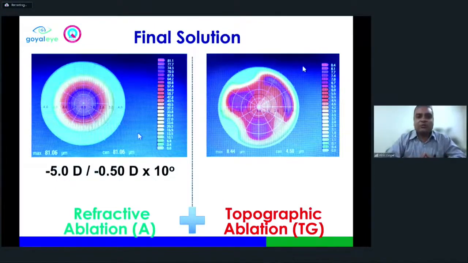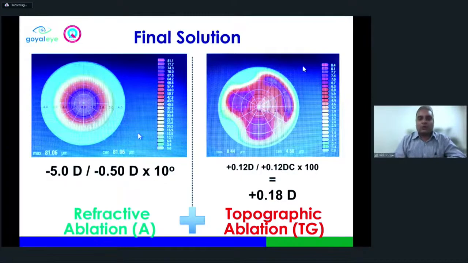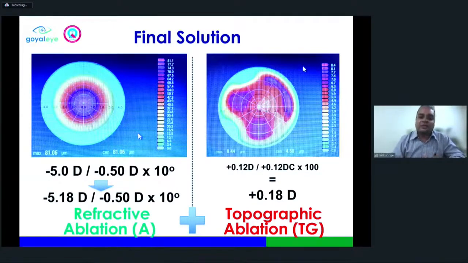Now the refractive ablation being as it is, we know that the topographic ablation is going to do some hyperopic treatment. My suggestion is just convert this entire hyperopic treatment into a sphere and treat your myopia just that little bit more.